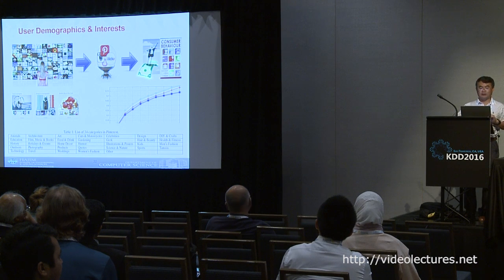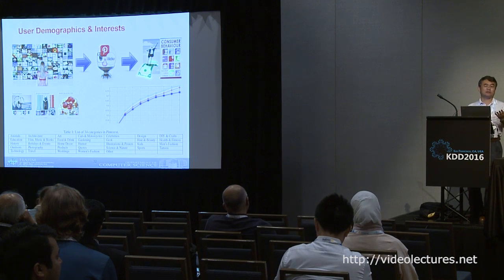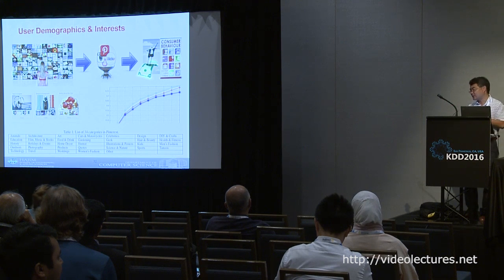Among the boards, there should be correlation. If you love animals, you probably don't like hunting. That's just an example I made up. We also discover such correlations between different interests over a large set of users, and that gives us a further boost.